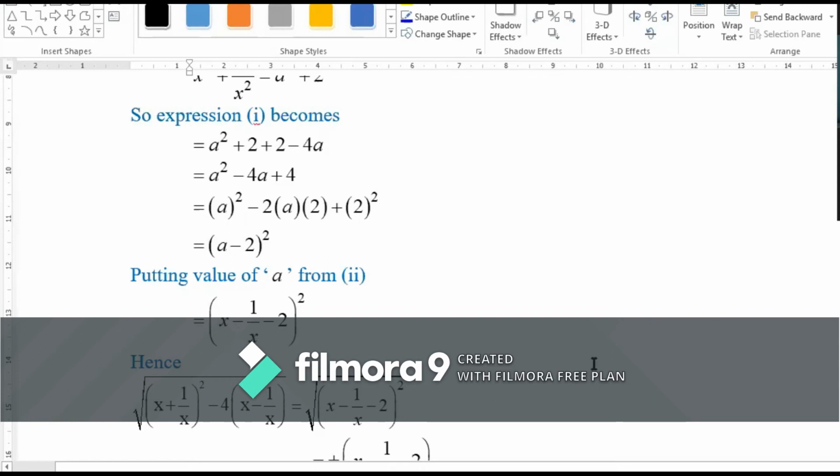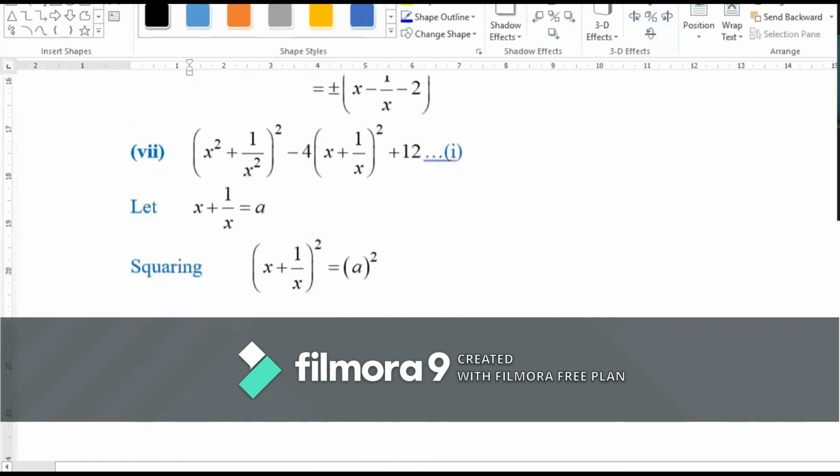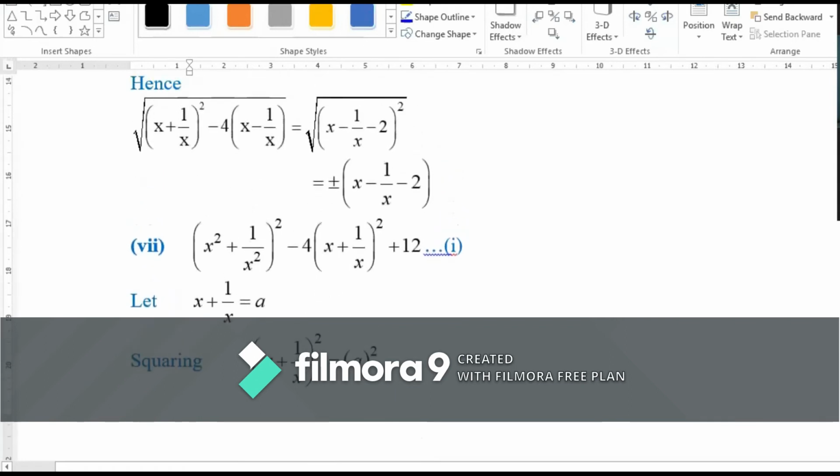At the end you write the statement of the question again, and the whole expression becomes a perfect square, equal to x minus 1 over x minus 2 whole square. So this is the end of the question, where you get the answer like this.